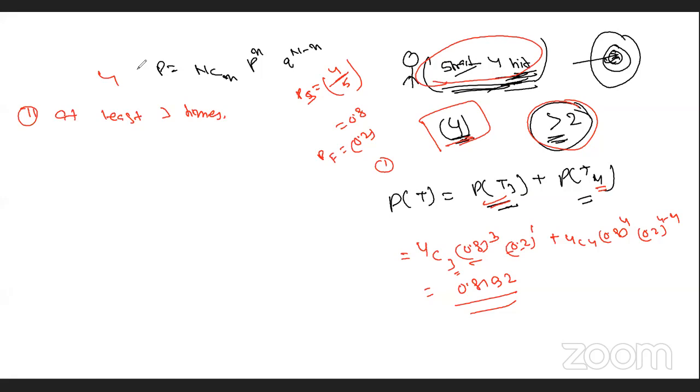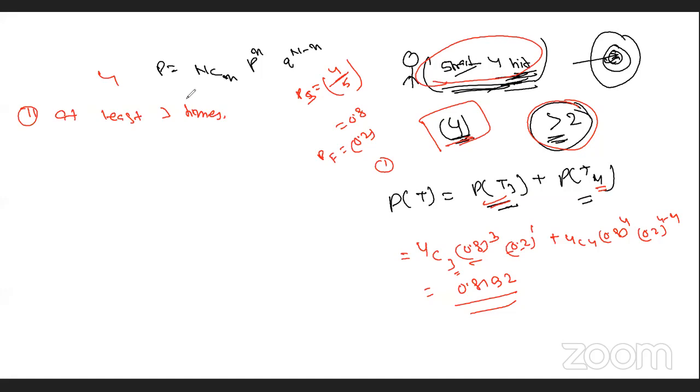I can talk about this one in this way as well. What is the probability that there will be only one hit out of the four experiments? Or let's try to understand it this way.